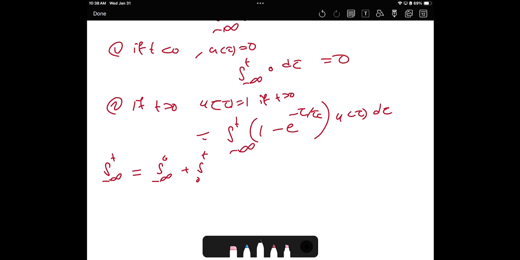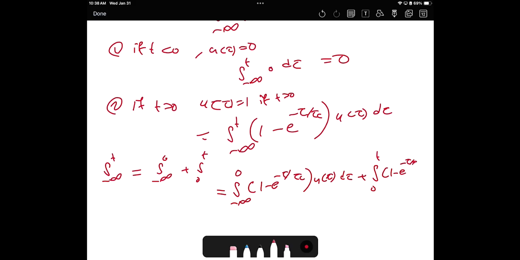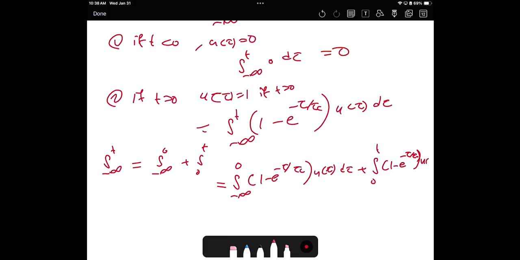So what will I do? Basically, this will be the integral from negative infinity to 0 of 1 e power negative tau over tau c, u of tau, d tau, plus the integral from 0 to t of 1 e power negative tau over tau c, u of tau, d tau.